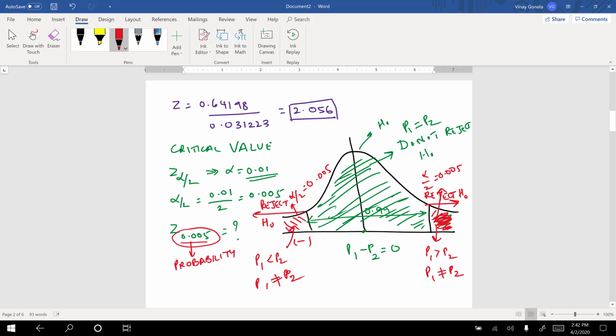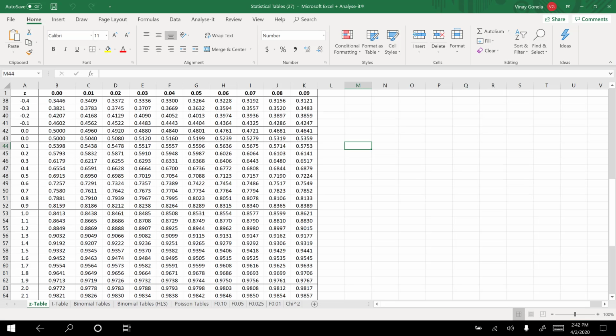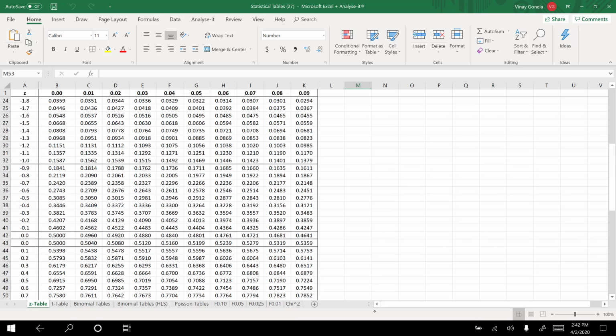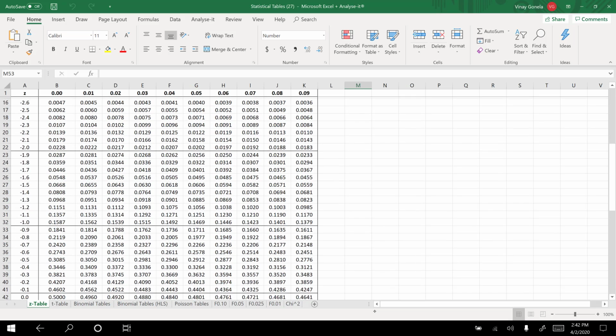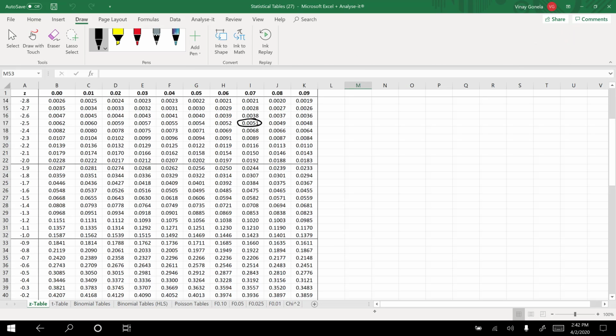So 0.005 is what I'm looking for in this table. It will be somewhere here or here.